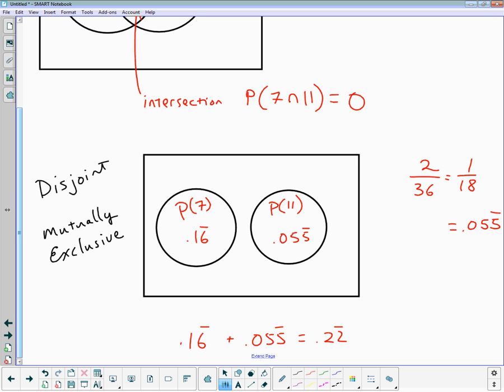So if you were born in the Eastern Hemisphere, that excludes your possibility of being born in the Western Hemisphere. Can't be born in both.